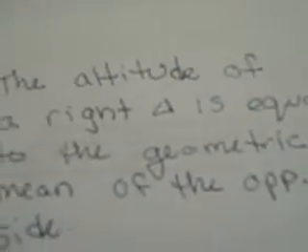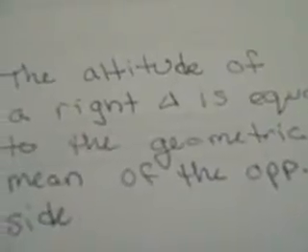The altitude of a right triangle is equal to the geometric mean of the opposite side.